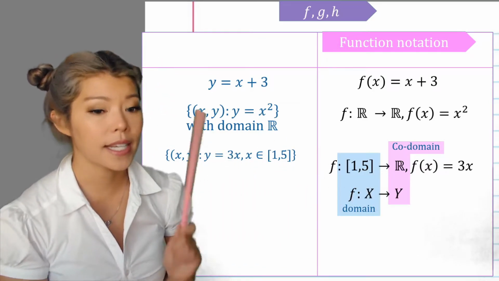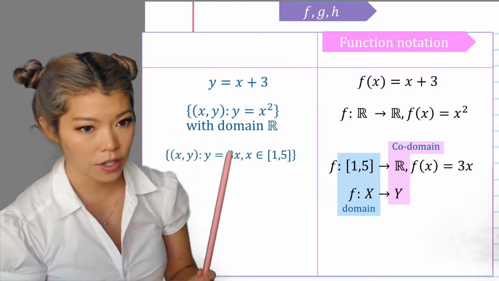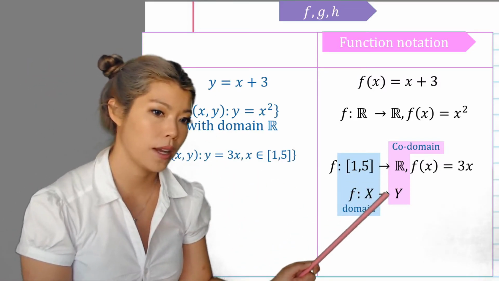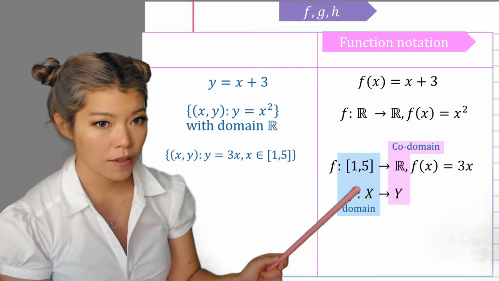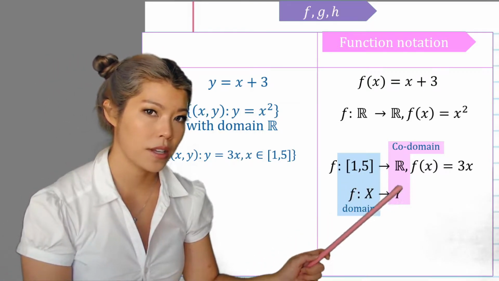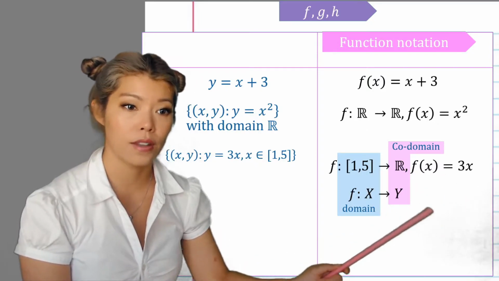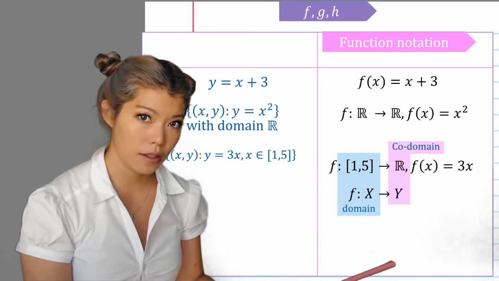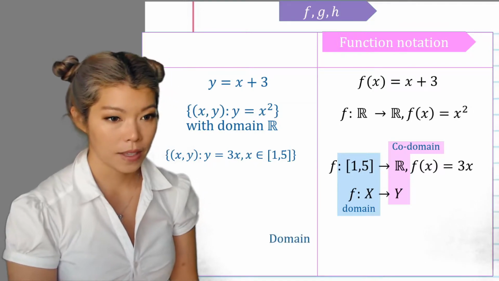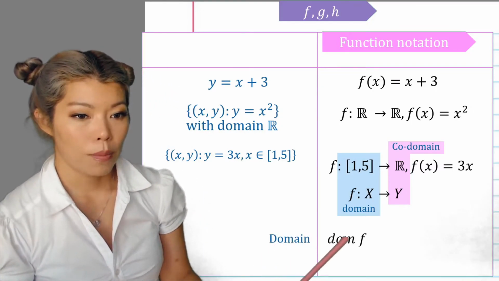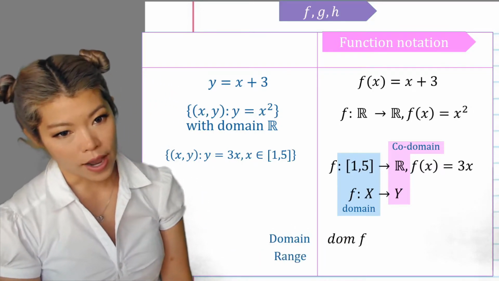So domain, codomain. Domain is what you're allowed to have for your x's, and codomain is what you're allowed to have for your y, but we're not going to use all of it depending on the rule. The range is what the y values actually are. So domain is dom f and range is ran f.